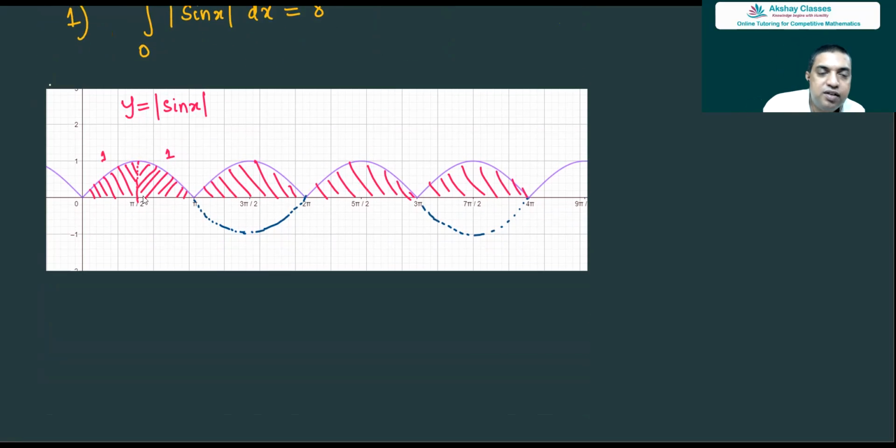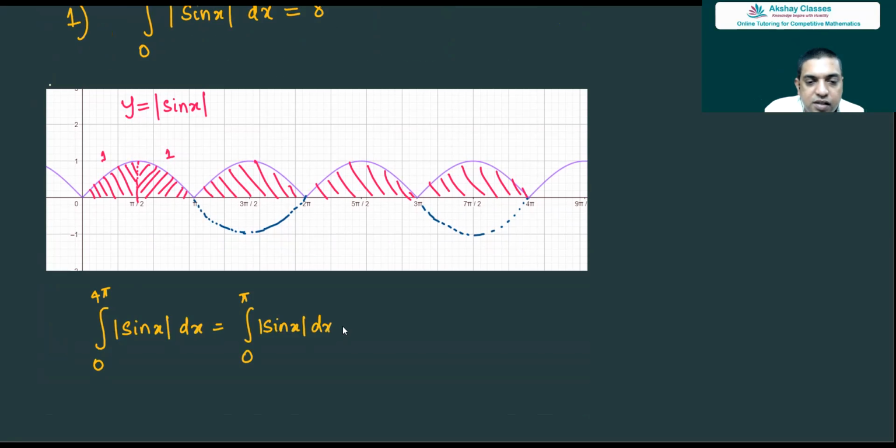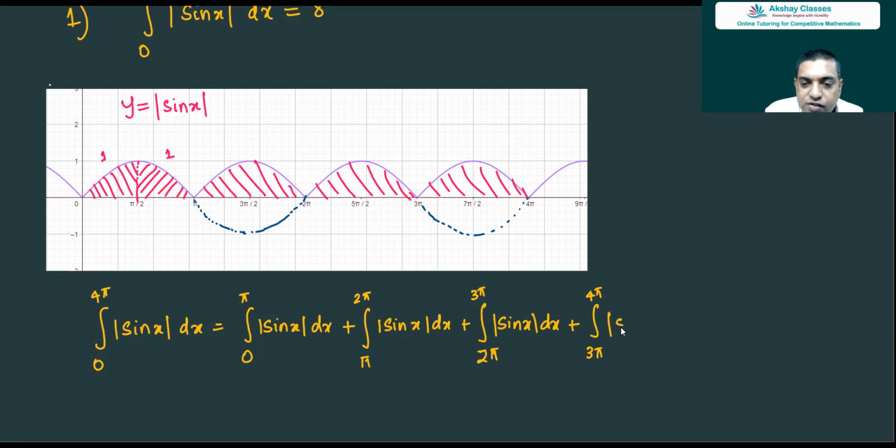If we have to do it without the graphical interpretation, for modulus of sin x, we'll have to do integral 0 to pi mod sin x dx plus integral pi to 2 pi mod sin x dx plus integral 2 pi to 3 pi mod sin x dx plus integral 3 pi to 4 pi modulus of sin x dx.